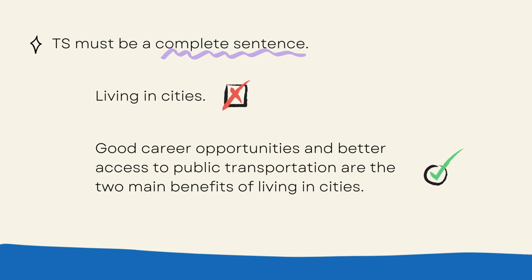Now, what about living in cities that you want to talk about? You want to talk specifically about the benefits of living in cities. So the benefits would be the controlling idea. Now, what are the benefits? The benefits would be good career opportunities and better access to public transportation. So these are the predictors.